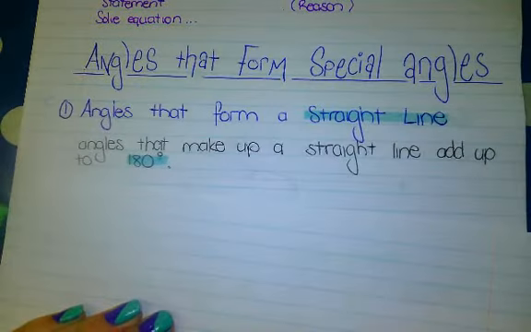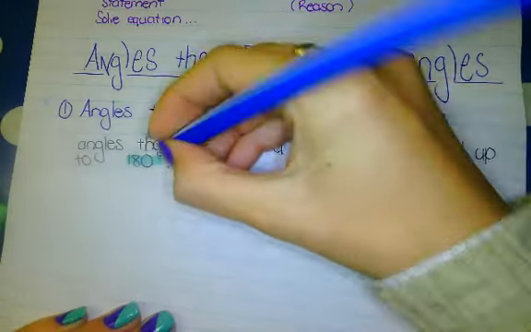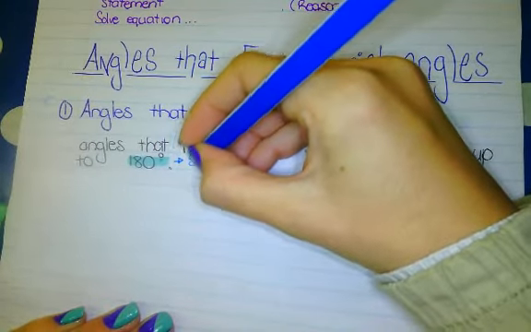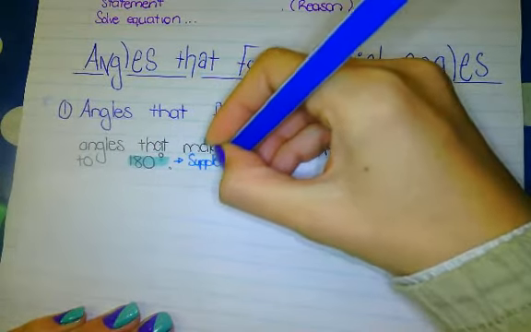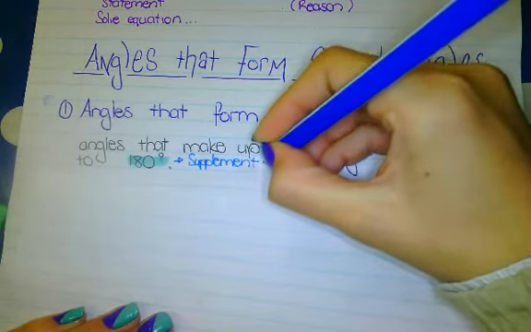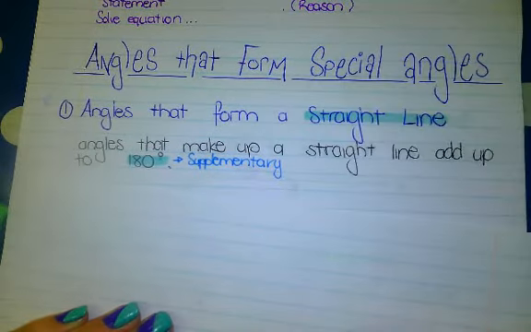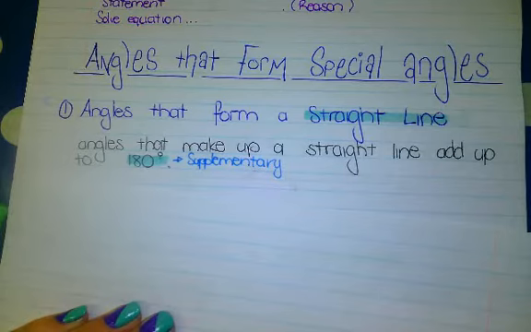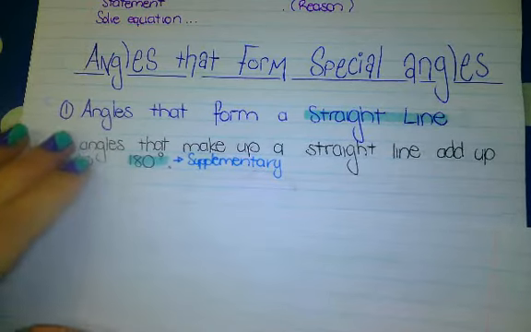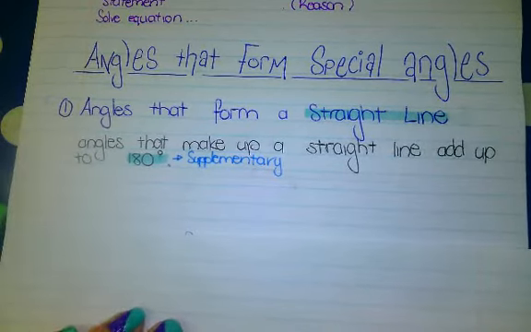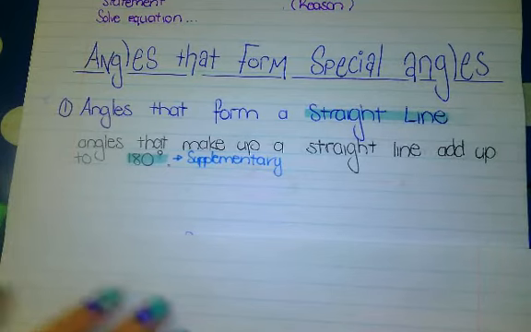And remember in the last lesson we learned a fancy word that means adds up to 180. This is supplementary. Okay, so another way of saying this rule is angles on a straight line are supplementary. Okay, so to see this graphically, let's draw ourselves a little diagram.